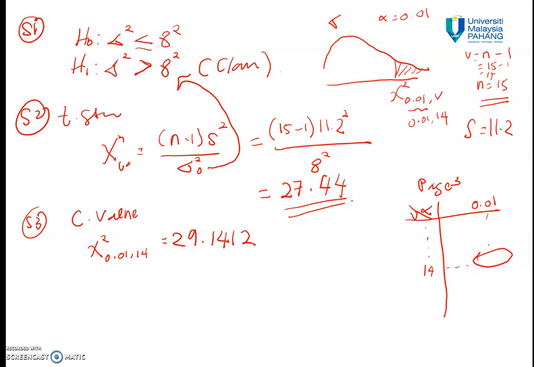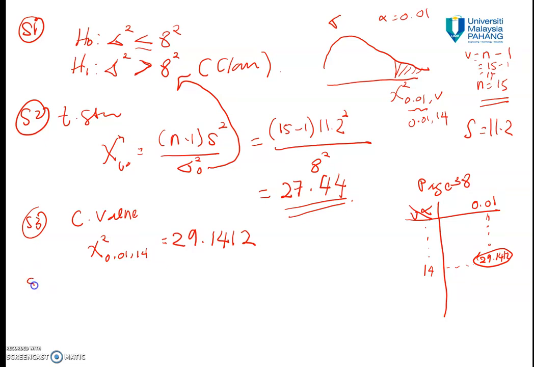So this is how you find it from the table. Page 38, look at alpha, what is the alpha? And then look at your mu, what is the value? 14. So here is the value, 29.1412.